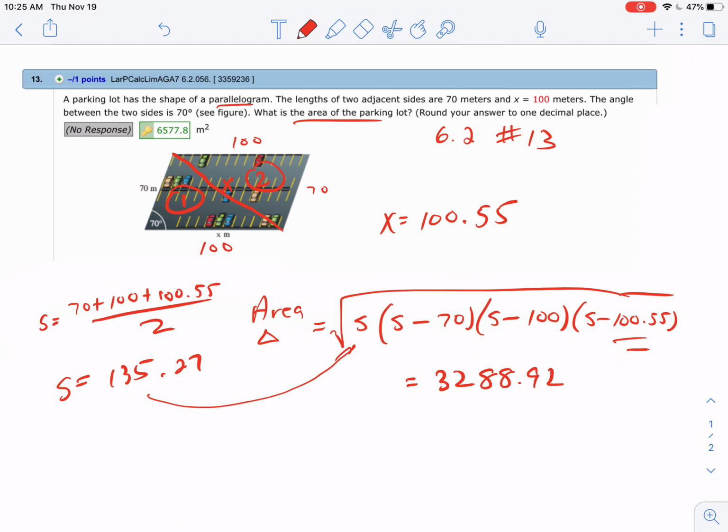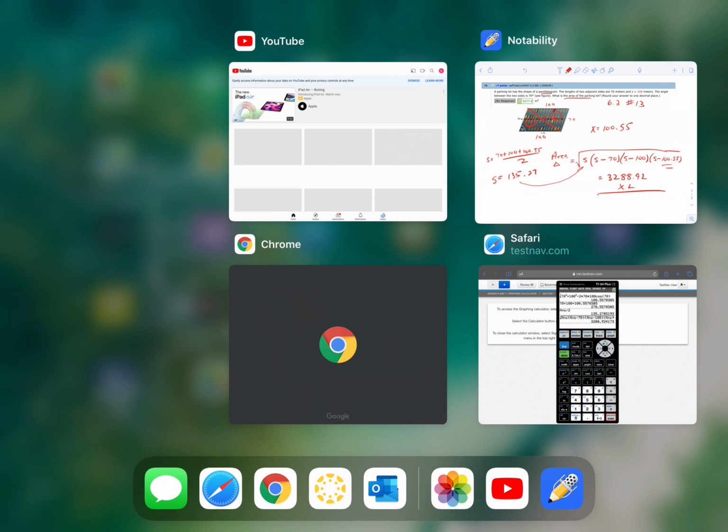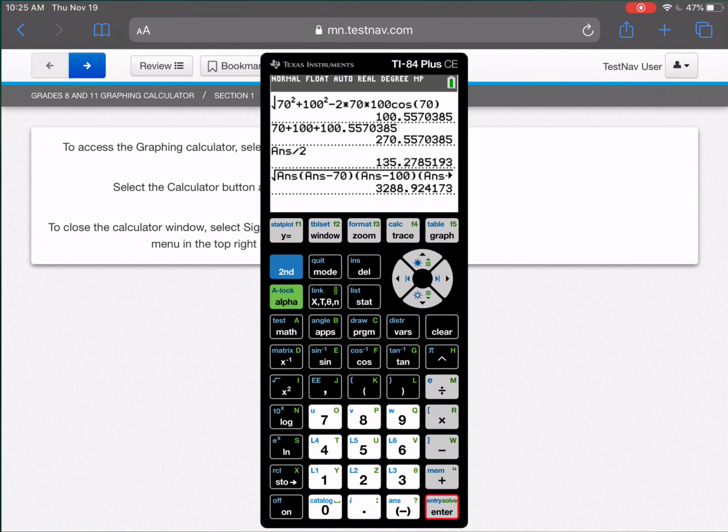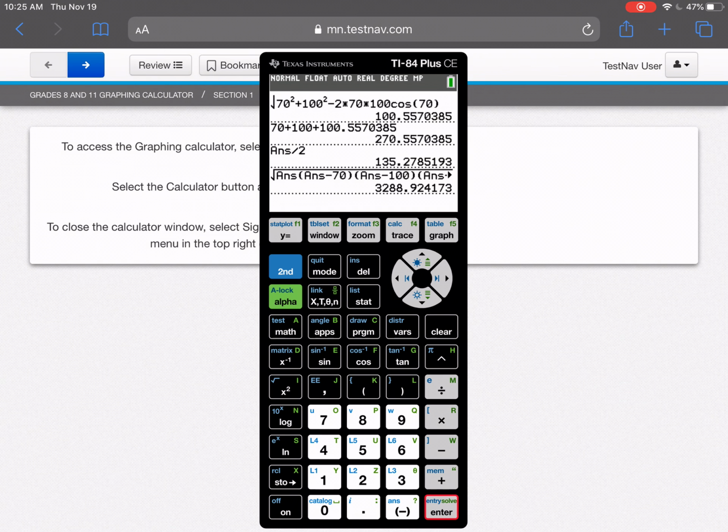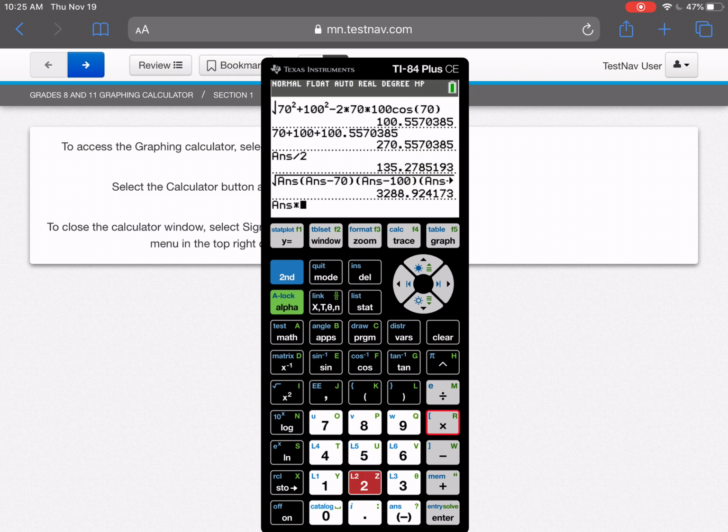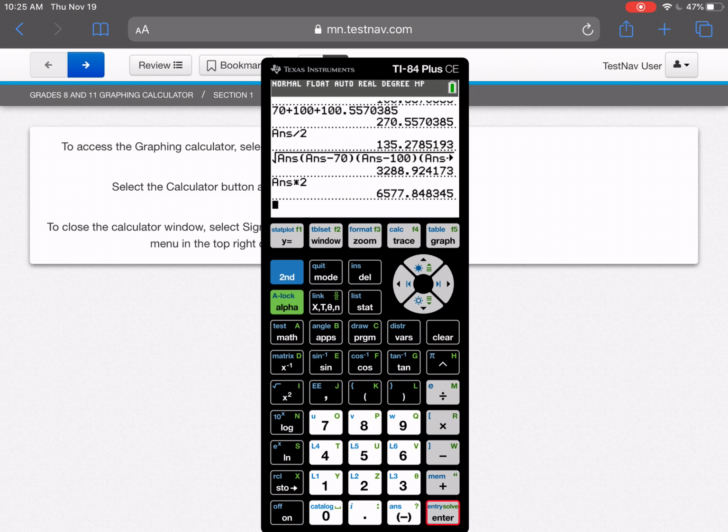Now that's only one triangle. I need both triangles added up, so I'm going to multiply this by 2 to get my answer. And if I go back here and I multiply by 2, I'm getting 6577.8, and I round it to the nearest tenth.